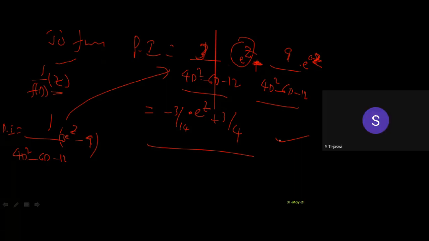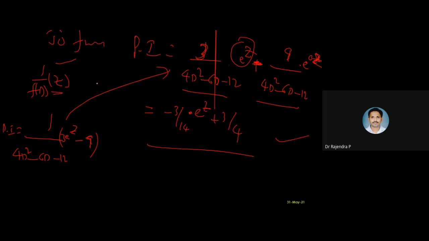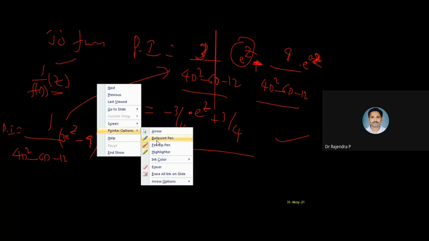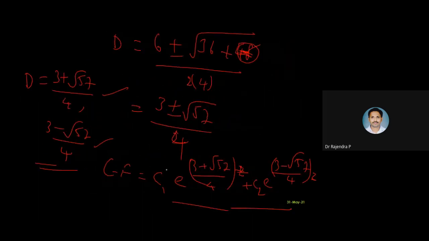Okay, so now what we have to do? We have to write the solution finally. So y is equal to complementary function plus particular integral. Complementary function, what we got? I think we got it here. Yes, this one.